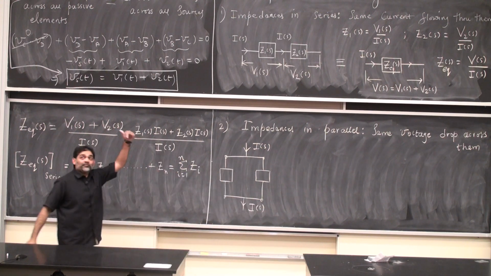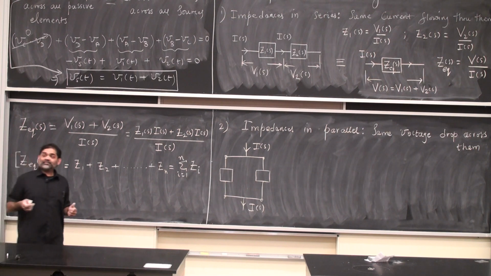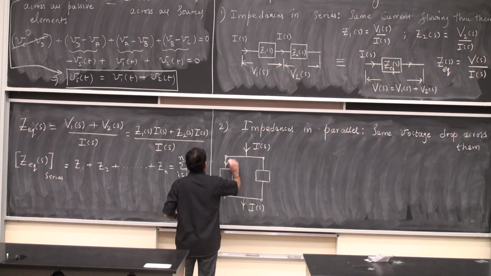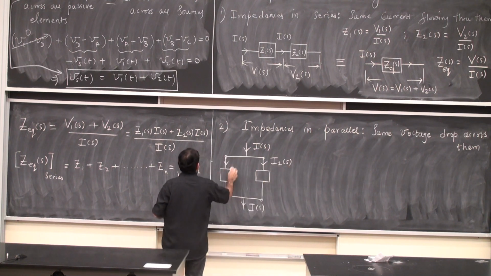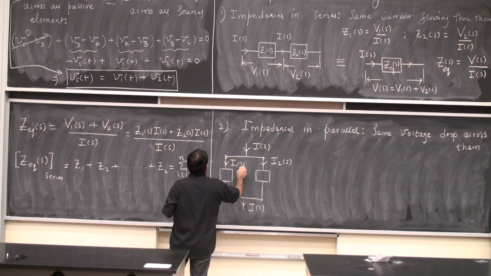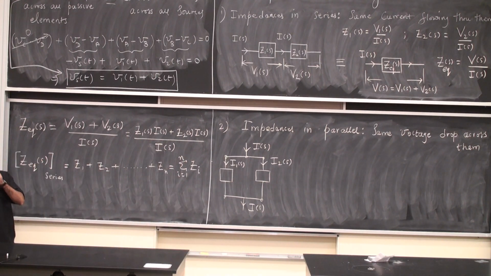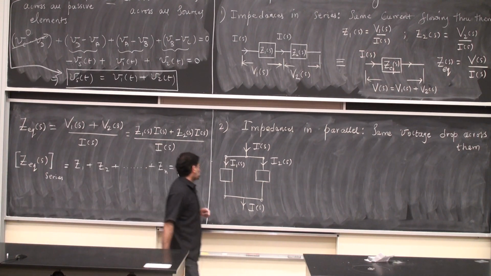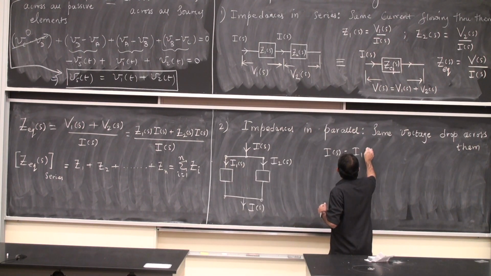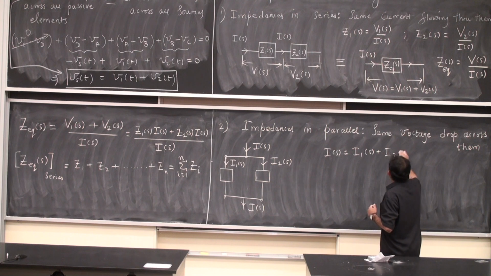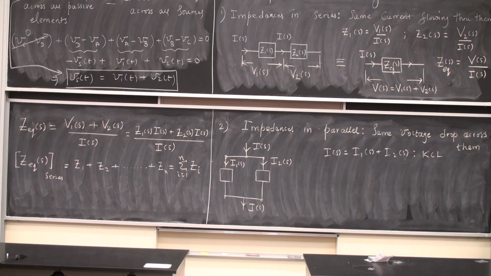Okay, so I have current I of S entering, sees a node. When a current sees a node, it bifurcates into two and moves out. And at that particular node, I can apply Kirchhoff's current law and say that I of S is I1 plus I2. KCL.